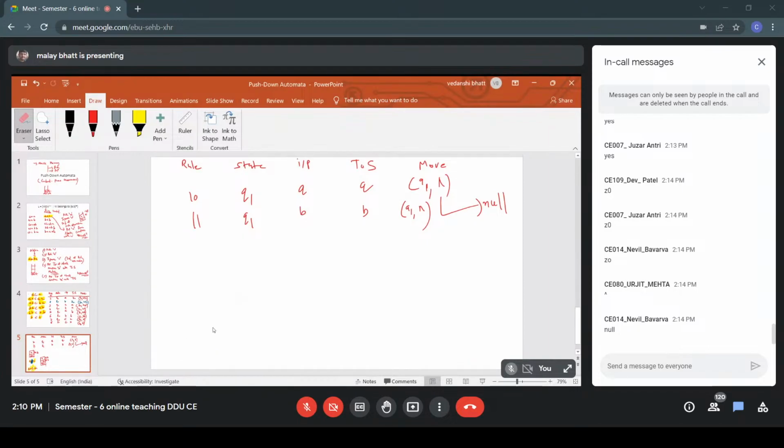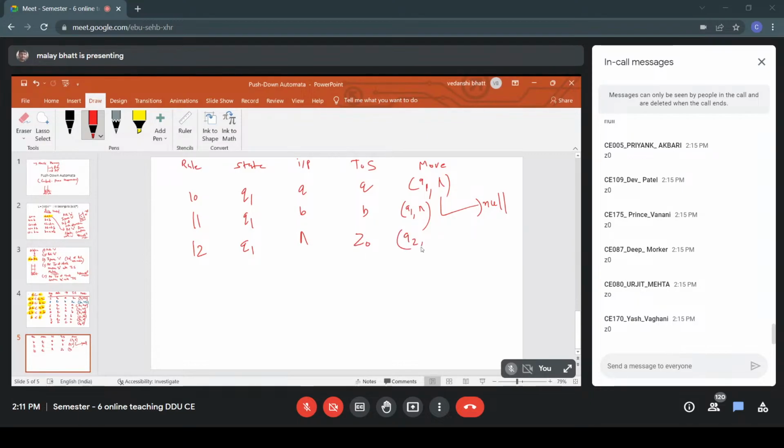Once you go through all these pop operations, if A will match with A, B will match with B, at last you will get Q1, input is null. Okay, when everything is matched, what will be left in the stack? Yes, it is Z0.